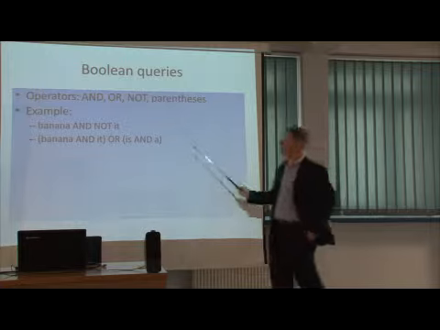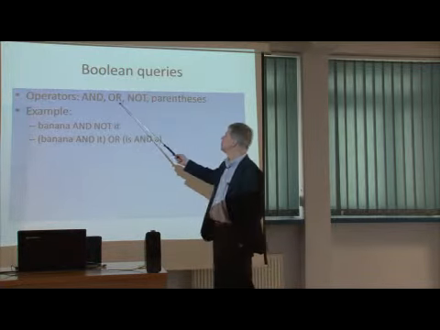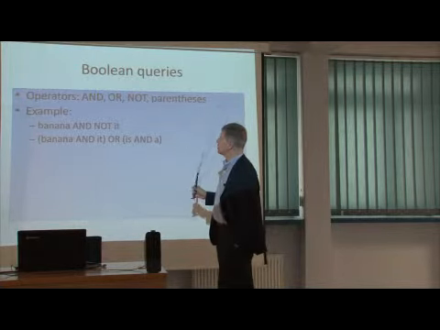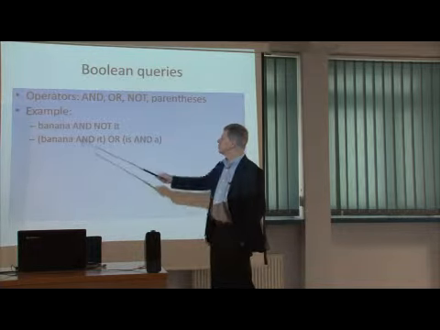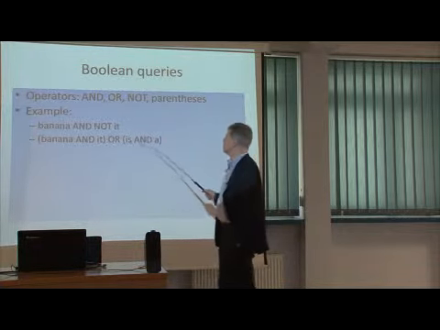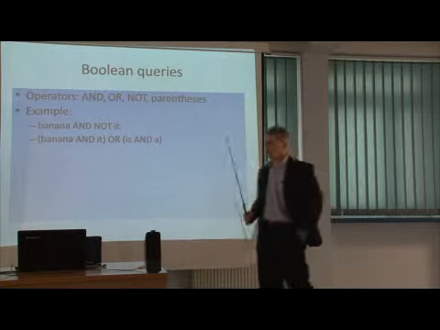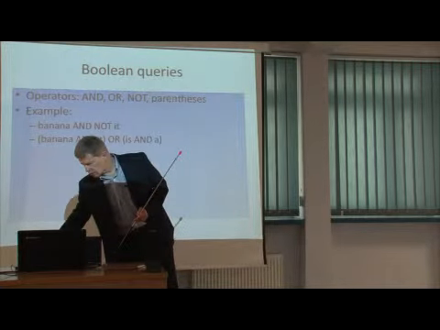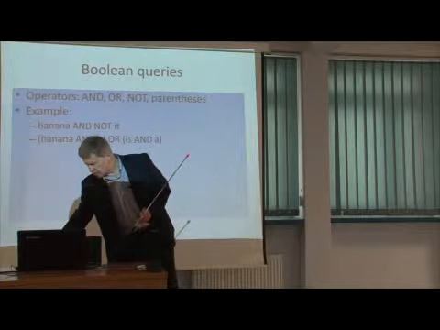The operators that we can use in this kind of model are and, or, not, and we can put expressions in parentheses, so we can find banana and not it, or banana and it, or is and a. These are simple queries that we can express in this language. You're going to see that modern search engines allow you to express much more than that.